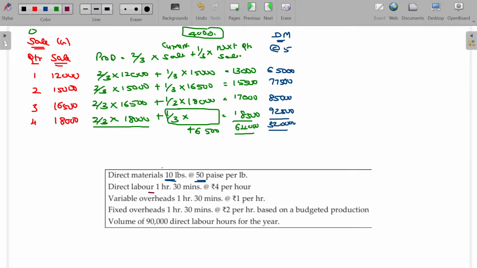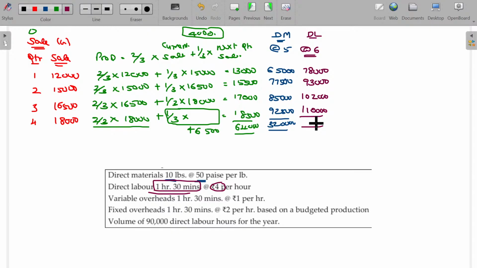Then we'll go for direct labor. 1 hour 30 minutes required, per hour being 4, so 6 rupees needed. 1.5 into 4 rupees, 6 rupees required per unit. For 13,000 units production, 78,000. For 15,500, 93,000. For 17,000, 1,02,000. For 18,500, 1,11,000.